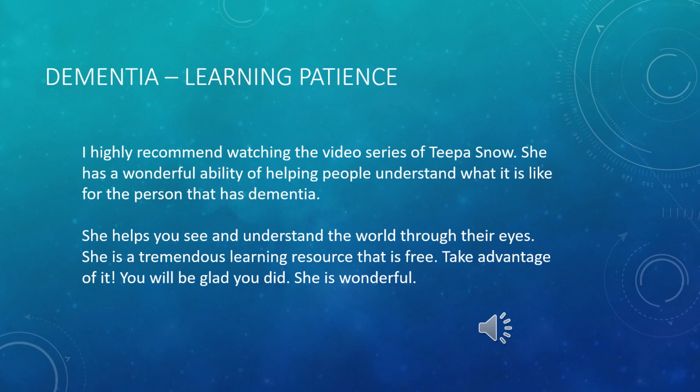If you are a caregiver for someone that has dementia, or if you have a friend or family member that has dementia, I highly recommend that you watch the video series on YouTube of Keepa Snow.